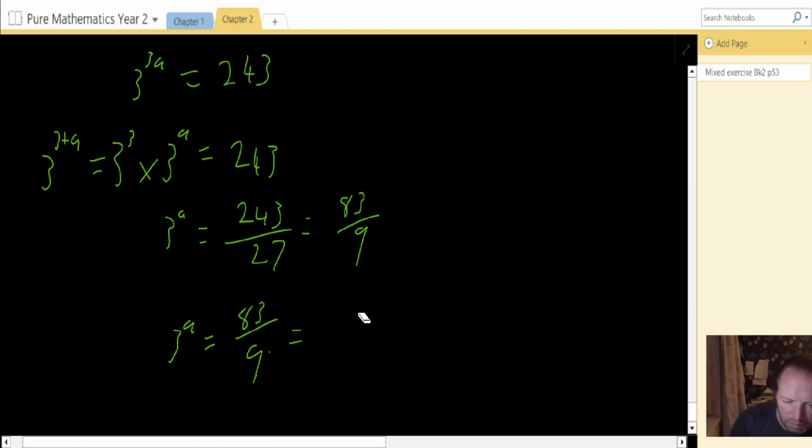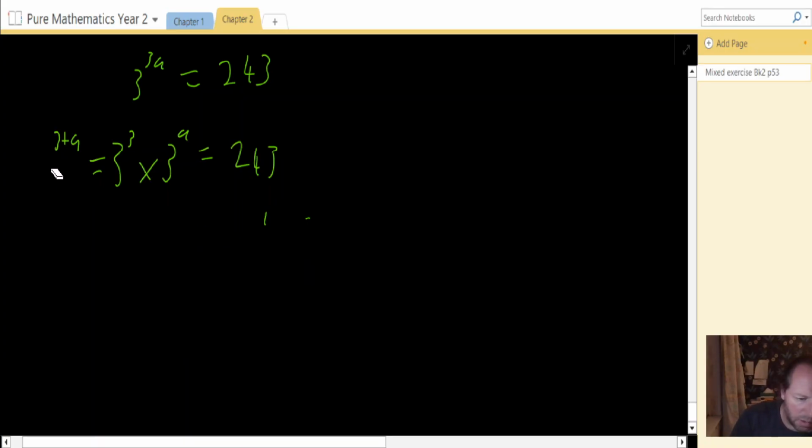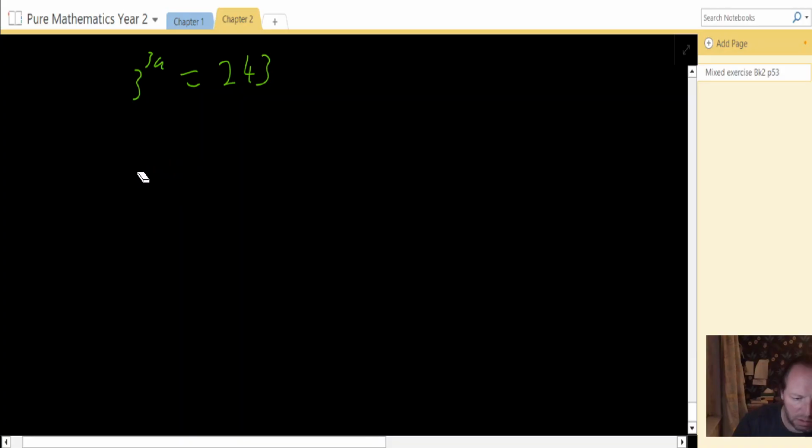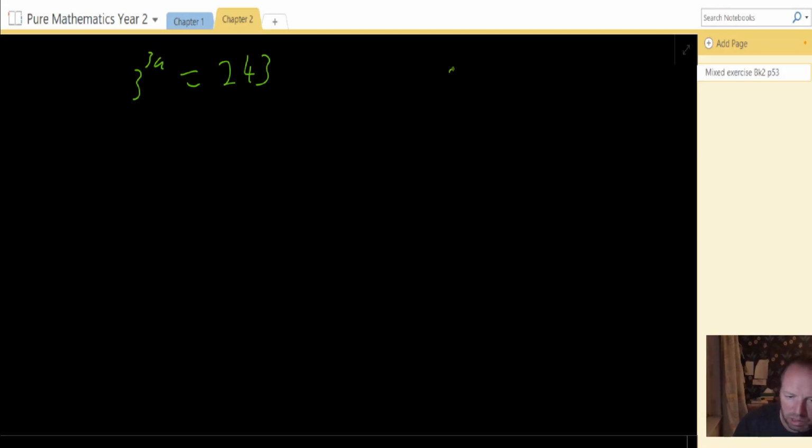Okay, so taking all of that out, I don't like any of that, even though it's looking quite promising. So what do we actually have here? We've got 27 to the power a. I'm not sure that's going to help us, but it gives me a clue as to what 243 divided by 27 is. That's 9.